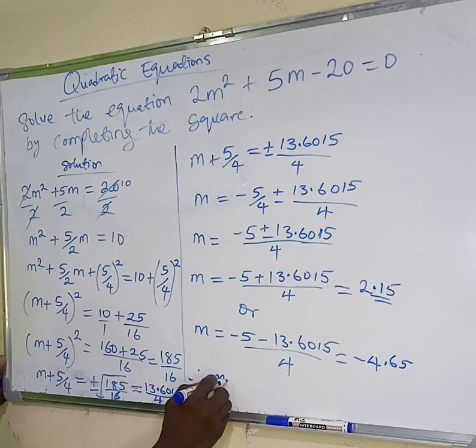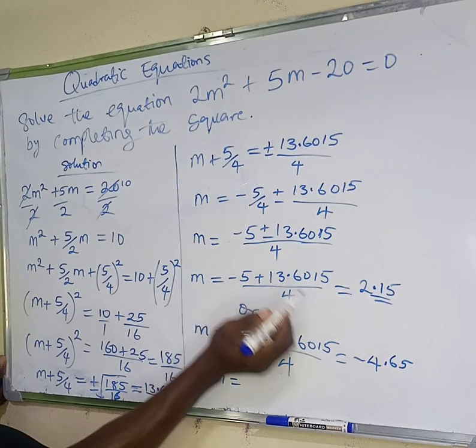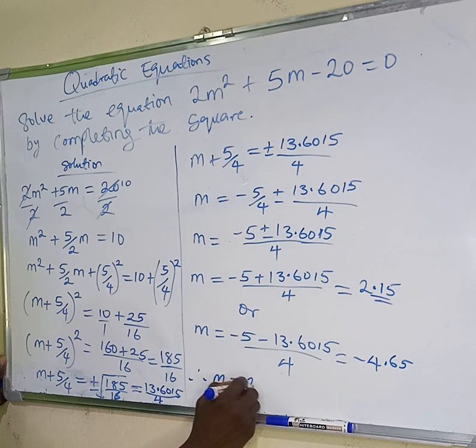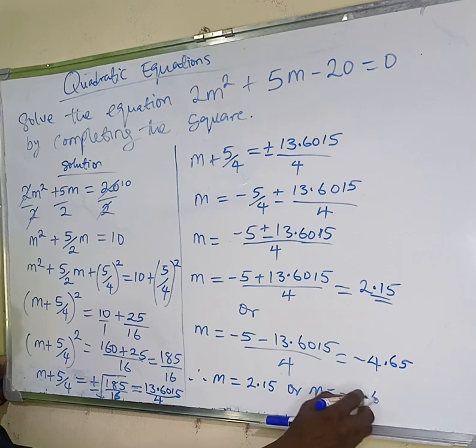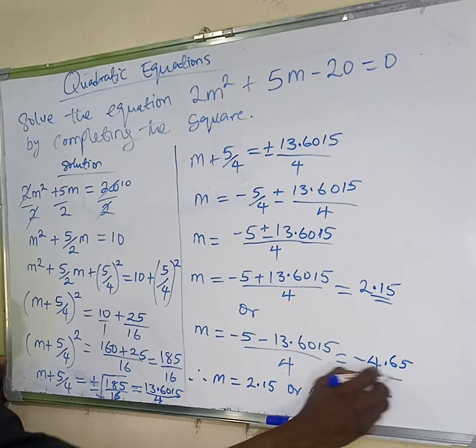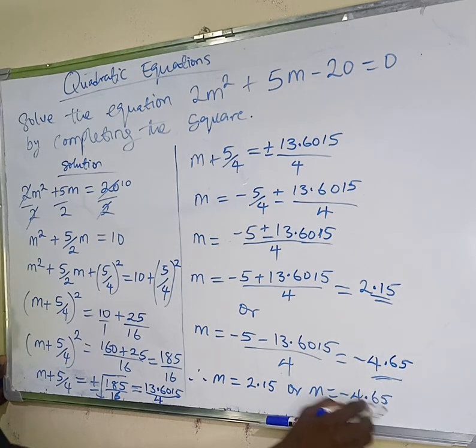Therefore, m is equal to 2.15, or m is equal to negative 4.65. This is our final solution.